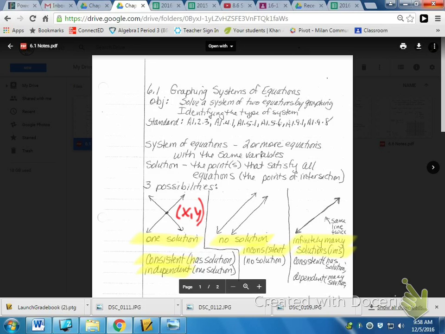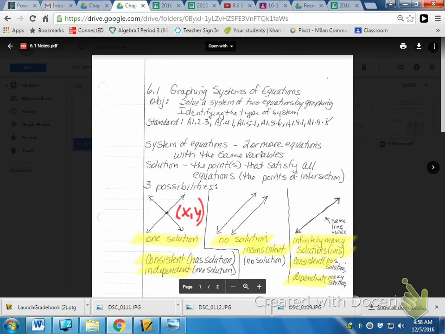You may write IMS. Infinitely many just means all the points on the line, and the lines continue on to infinity, are solutions. Since they have a solution, it's consistent, but because there are infinitely many, it's dependent.